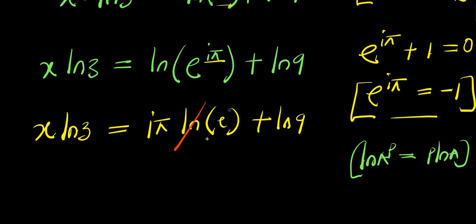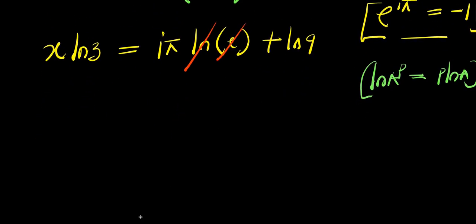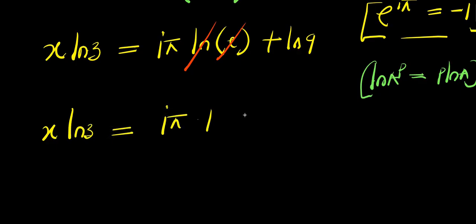And from here, this eliminates this. So we have x times natural log 3 equals i times pi plus natural log 9.